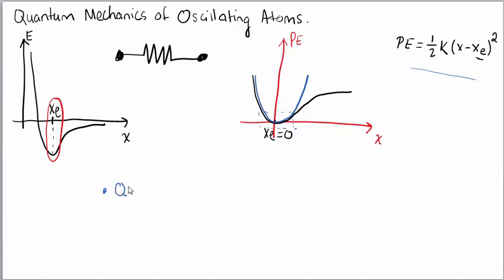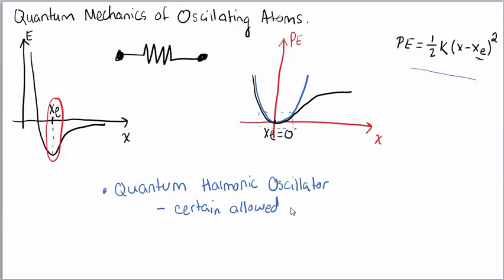But we know that quantum harmonic oscillators should only have certain energy levels that are allowed, so that they should be quantized.